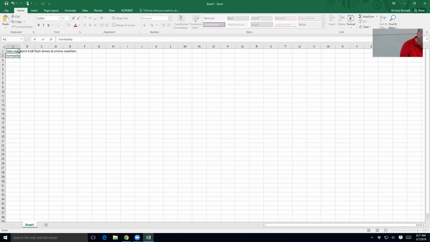It's normally distributed. S equals $2.343.